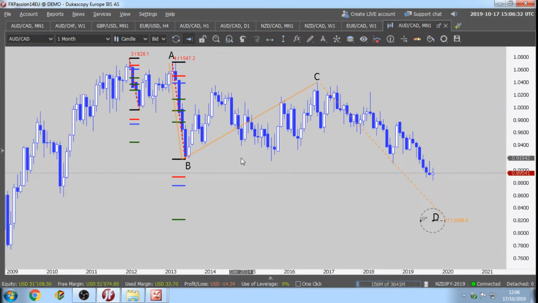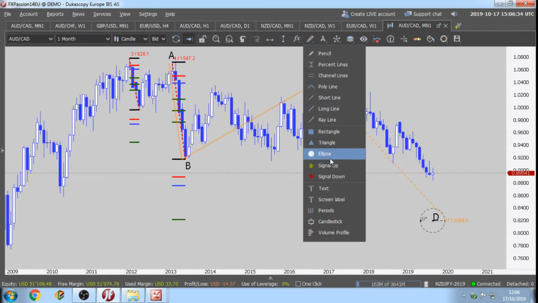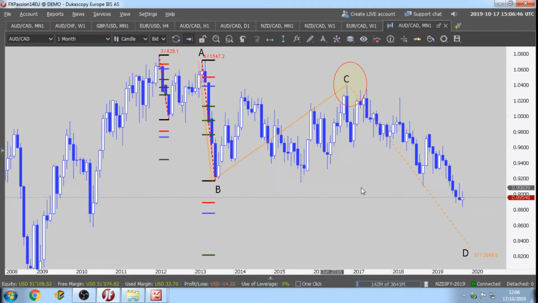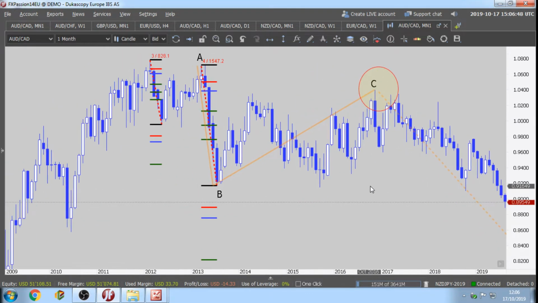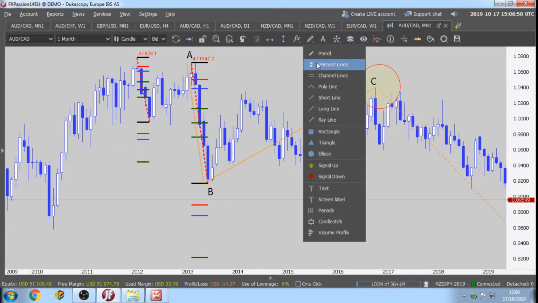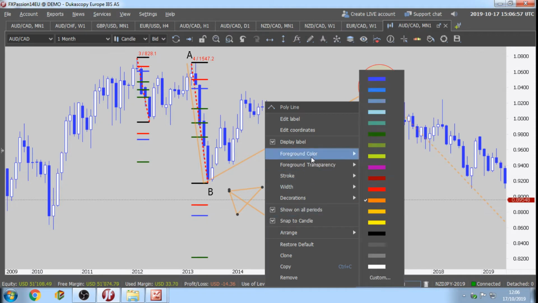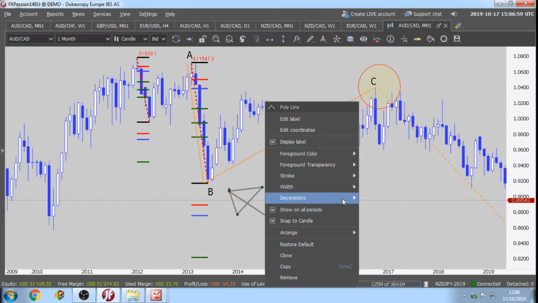Now let's try to understand if this C is a confirmed C. So we are going to use the Contrarian Fibonacci, right? And where are we going to start? This is the chart. Where should we start the Fibonacci sequence? Should we start from the B, the Contrarian Fibonacci? Let's make it like this.